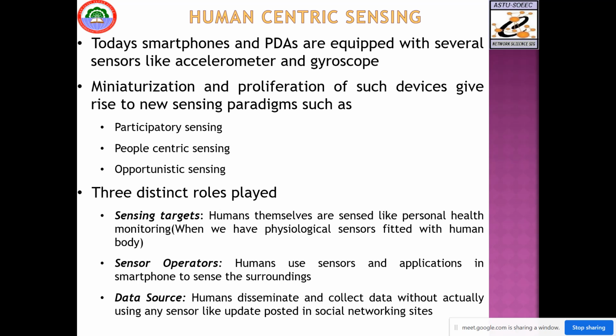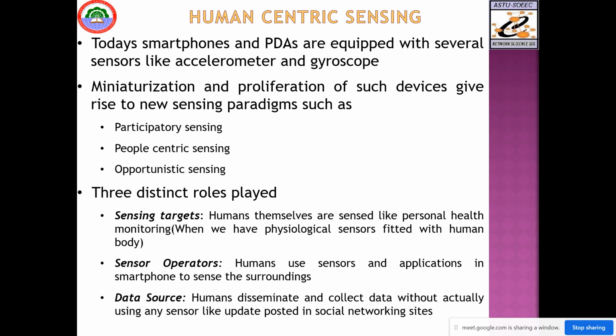Let us assume that there is one source and one destination. If the source and destination are in reachable area, they can directly communicate with each other. But if they are not in the communication area, they have to depend on intermediate nodes. In human centric routing, the intermediate nodes are also humans, so privacy becomes a very important issue.